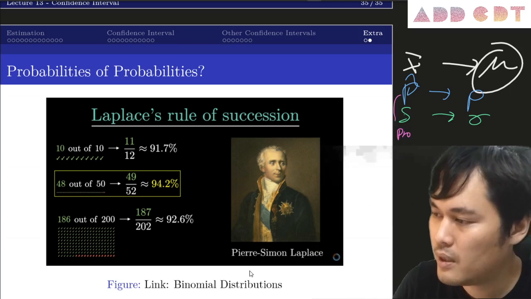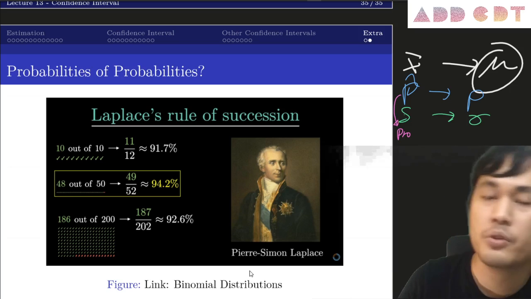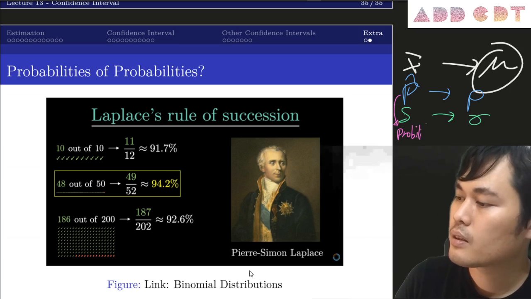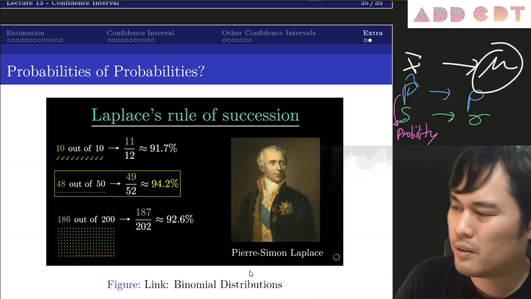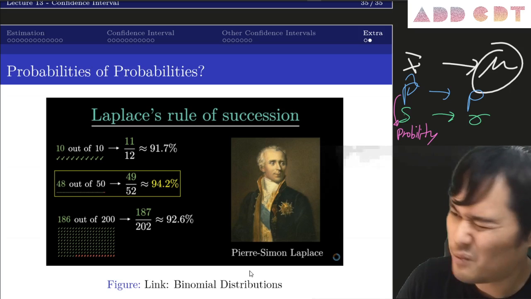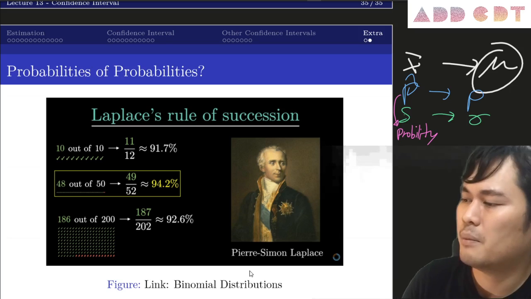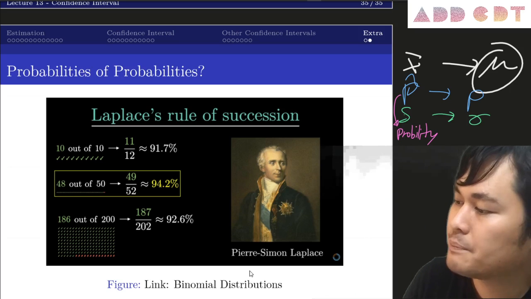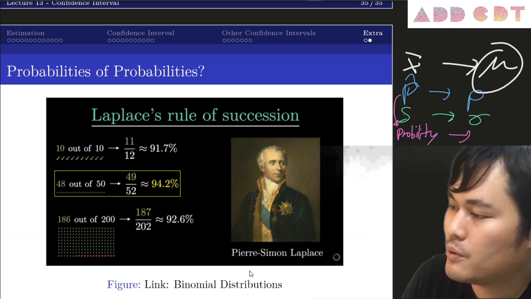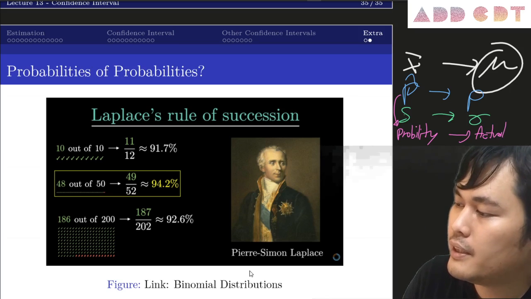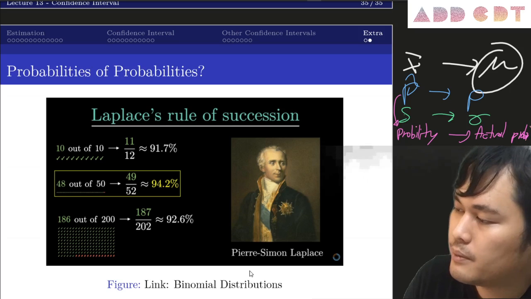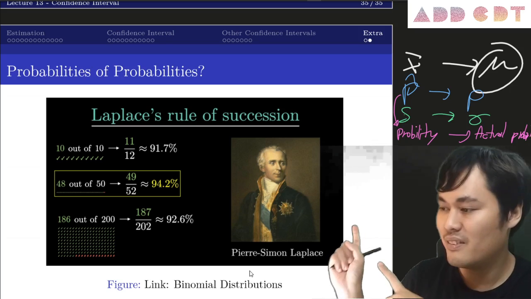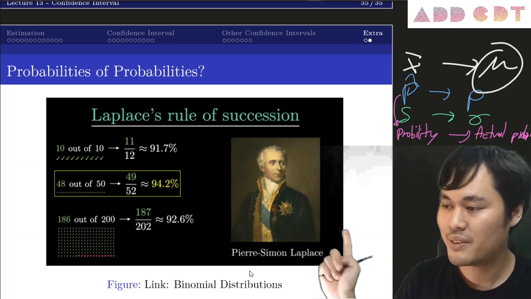It's loosely related to p, the proportion, but it is used in different wording, as a probability. We have a probability of something and we want to use that to estimate the actual probability. This channel explains it better than I do, so please go watch it.